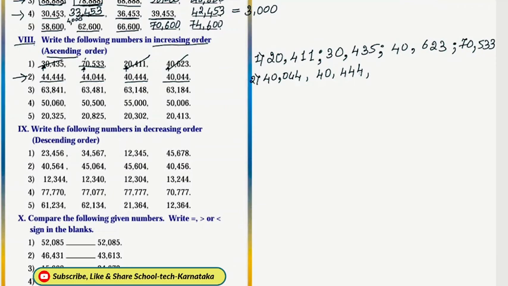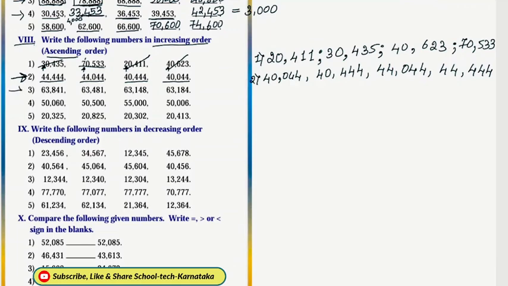The next number is 44,044 and last is 44,444. This is how to write the ascending order for these given numbers.